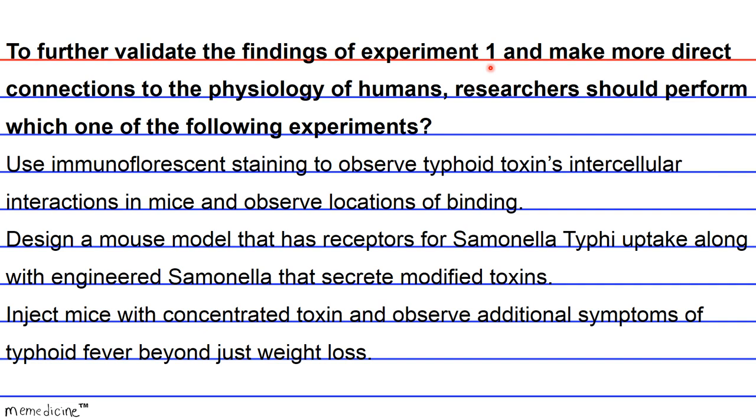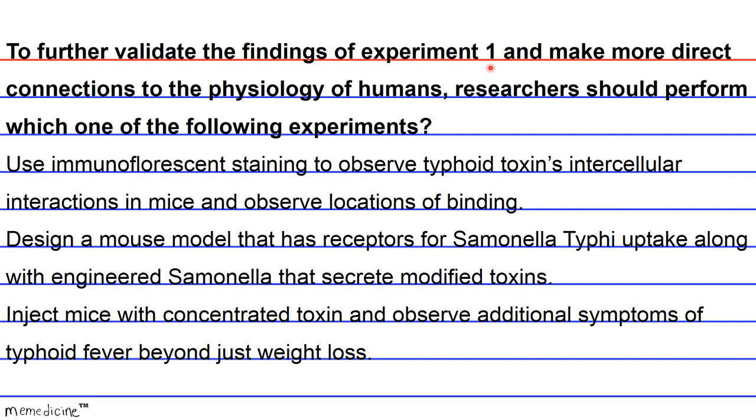So weight loss and typhoid fever in the mouse or mice, these two things are not mutually exclusive. Moreover, mice don't produce typhoid toxin endogenously, like they can't do it on their own. Once infected, they can't perpetuate the toxin.